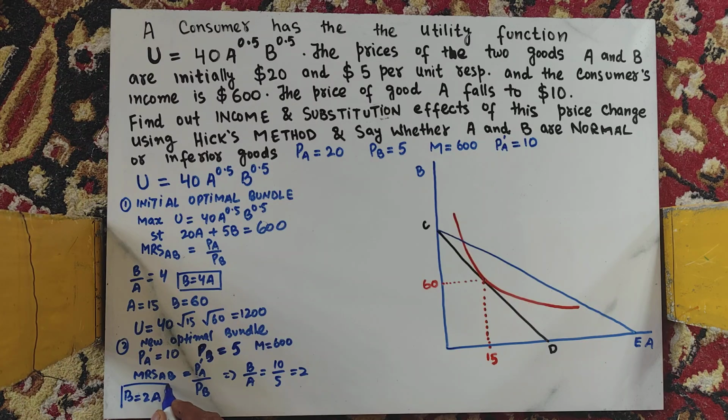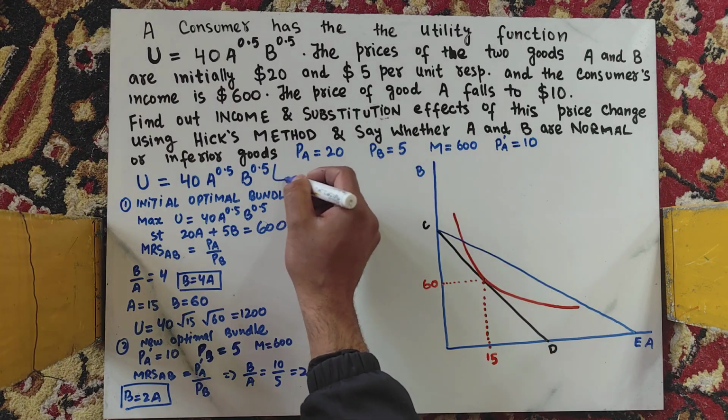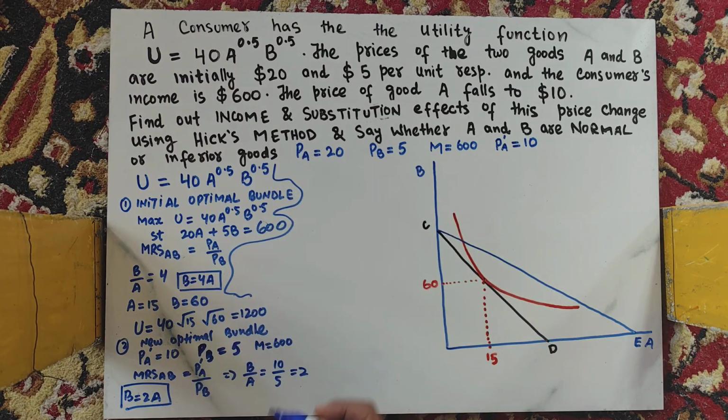Now we plug this value. I forgot to write the budget constraint here because I had no space available. So what is our new budget line?